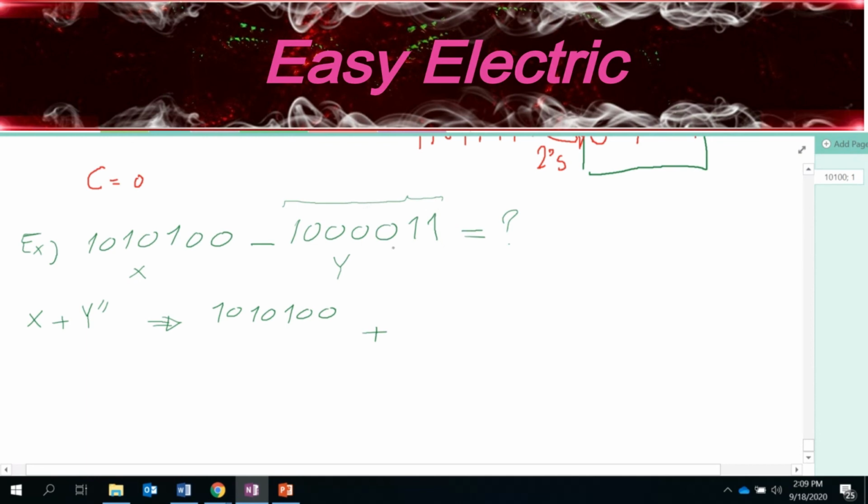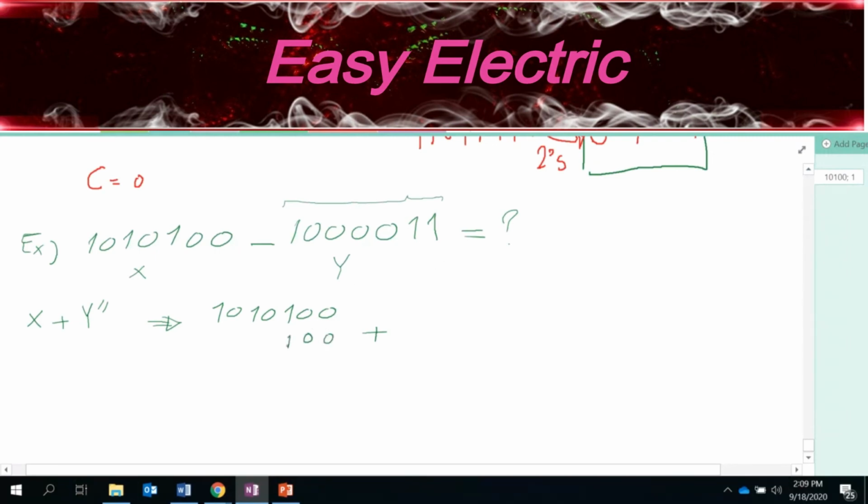Okay, for taking the first complement, you just need to convert 0 to 1 and 1 to 0. Let's see what we will have if we write that. I'm changing the 0 to 1 and 1 to 0. So the 1s will be changed to 0.